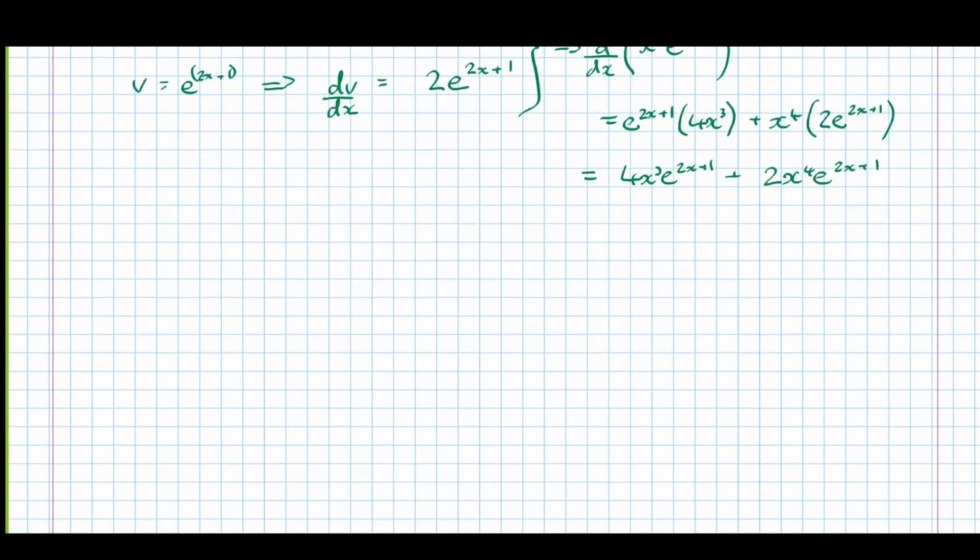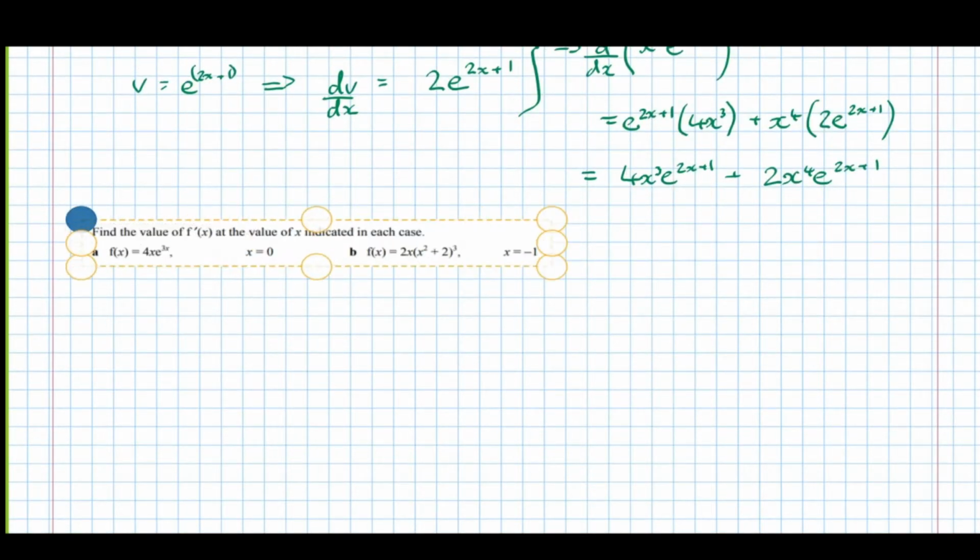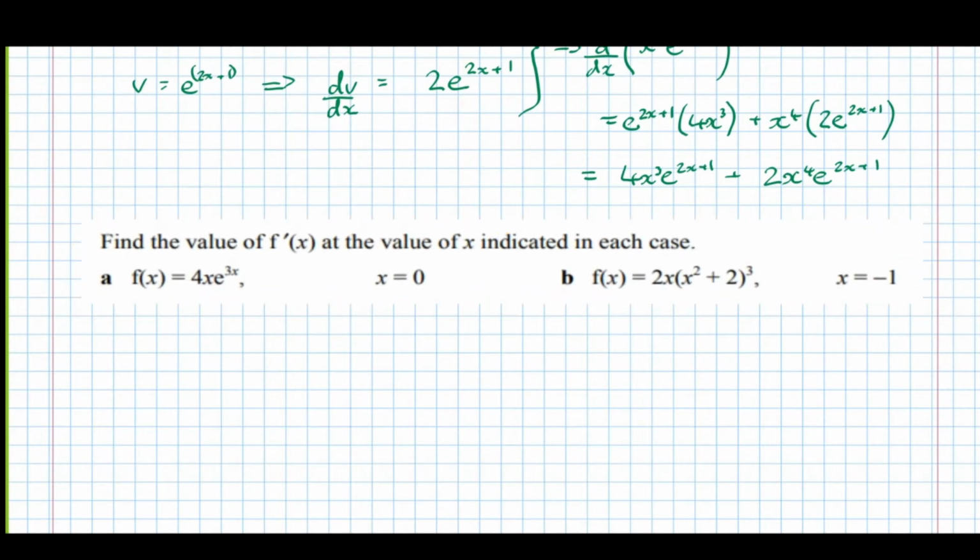So, got an example for you to do here. A couple of examples. Find the value of f dash x, i.e. the gradient, at the value of x indicated in each case. Have a go at that first one. Give you about 30 seconds, then I'll start.